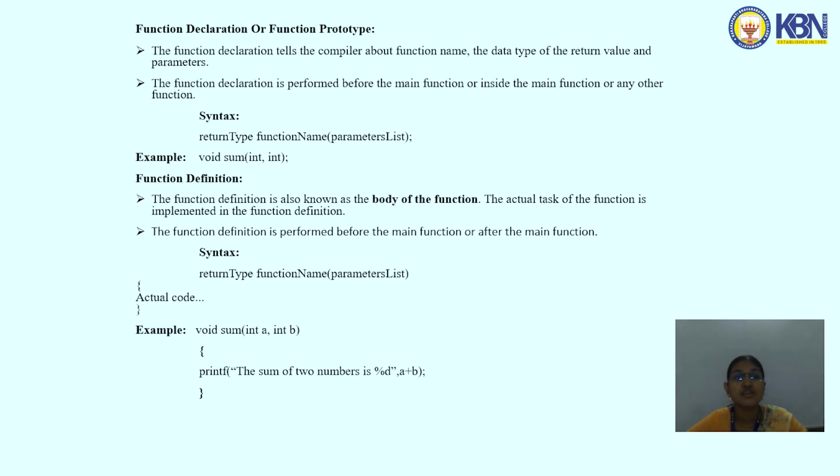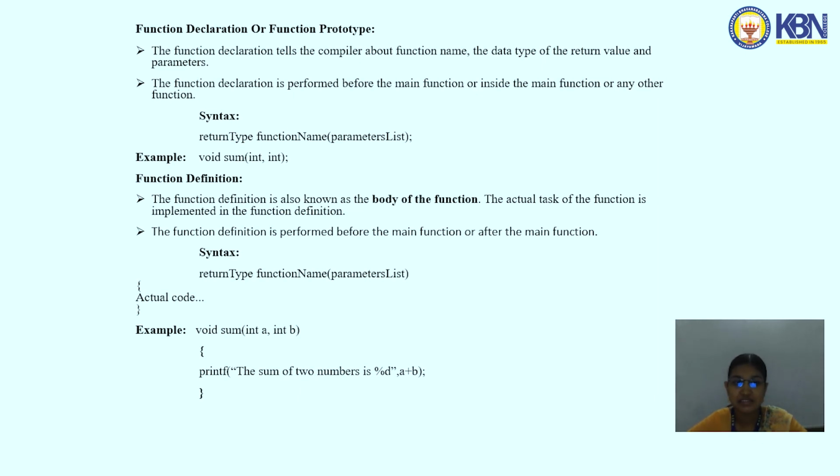Let's see what a function declaration or function prototype is. The function declaration tells the compiler about the function name, which data type it returns, and the parameters. Where do we write the function declaration? Before the main function or inside the main function.